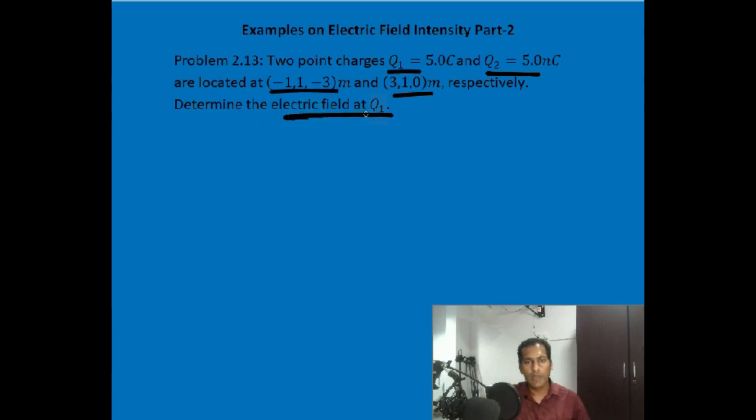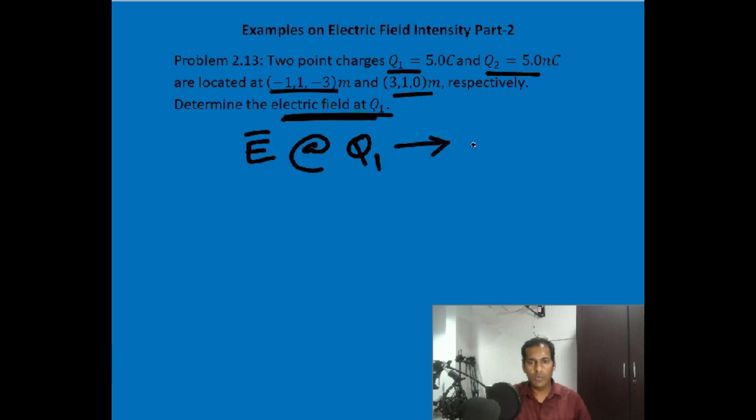We have to determine the electric field intensity at Q1.